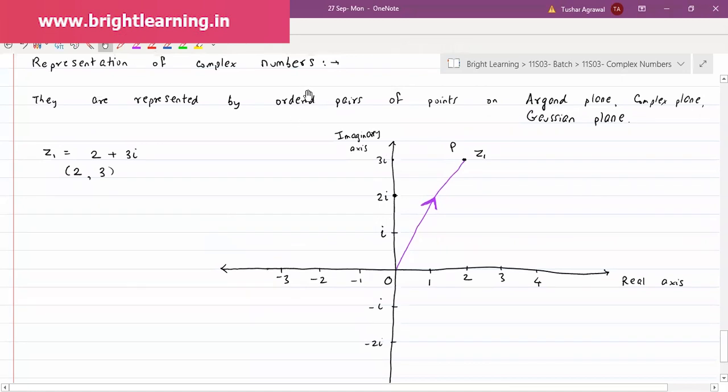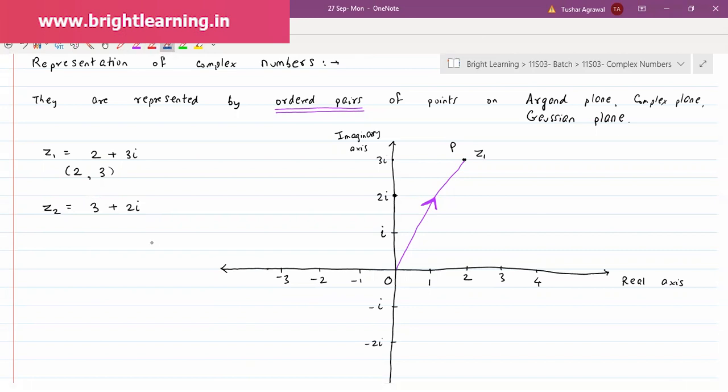And why have I written here the ordered pair? This also, I think, is clear, because z1 is 2 plus 3i and z2 is equal to 3 plus 2i. I hope everybody is clear that z1 and z2 are not the same complex numbers, because z2 will be somewhere over here. My x coordinate should be 3 and my y coordinate should be 2.